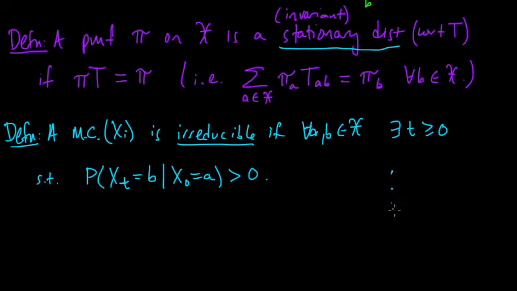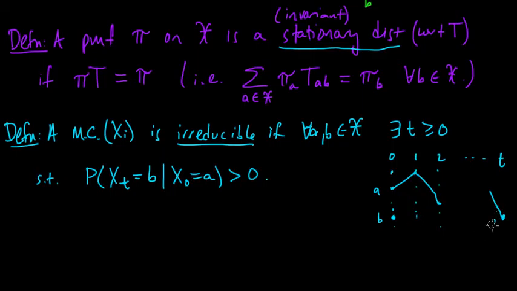So if we were to draw all these possible states, this were all the values of that X space, maybe this one's A and maybe this one's B here. And this was time if we copied this space: 0, 1, 2, and so on. We start out at A, then maybe we go to this one, and then we go to this one. That eventually, for some time t, there's a positive probability. So there's some path here that has positive probability in which we eventually get to this state B here.